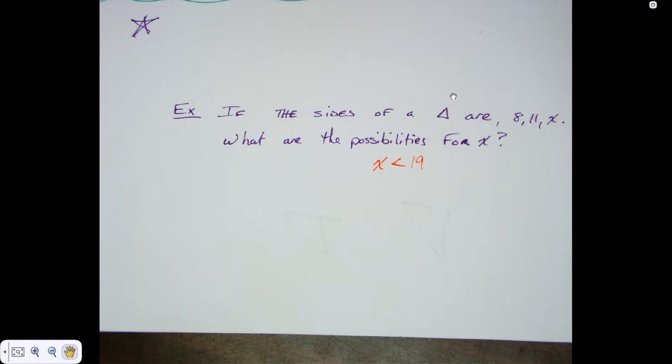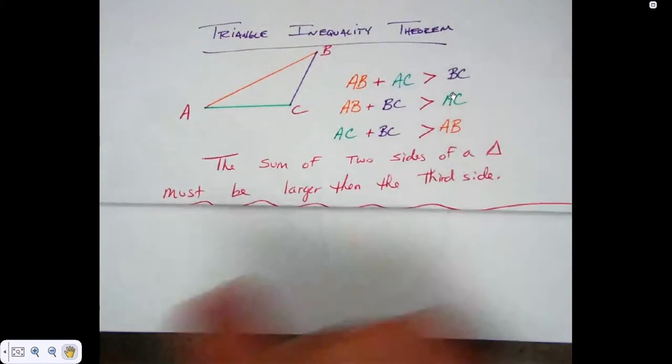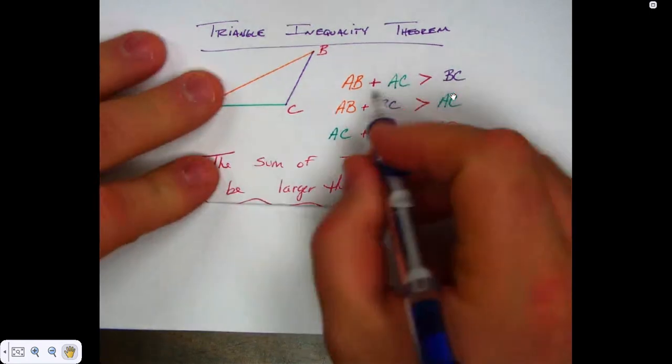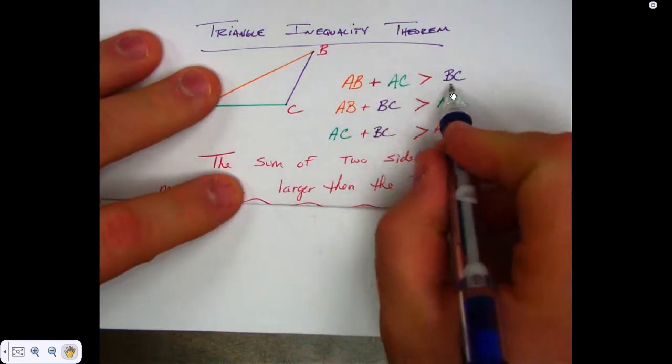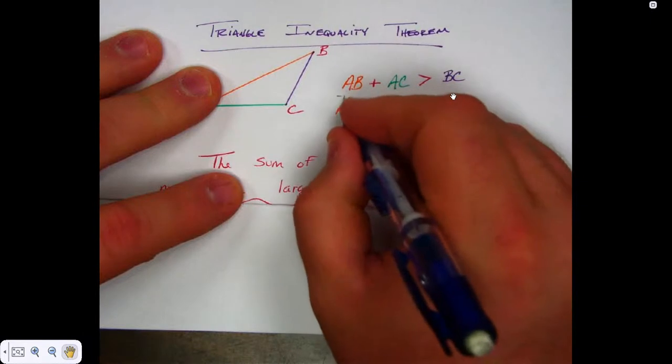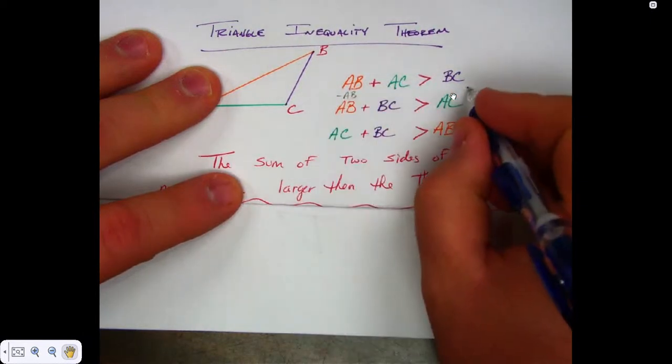Don't write this down, but looking at this picture right here, I'm going to do this with pencil so I can erase it. For instance, right here, this represents a number, does it not? Could I not subtract AB from both sides? And I would end up with AC has got to be greater than BC minus AB.